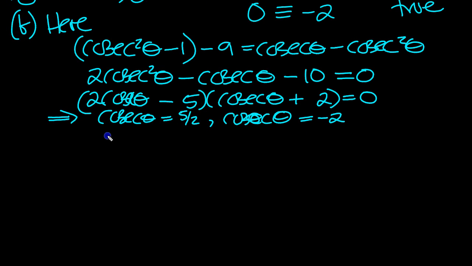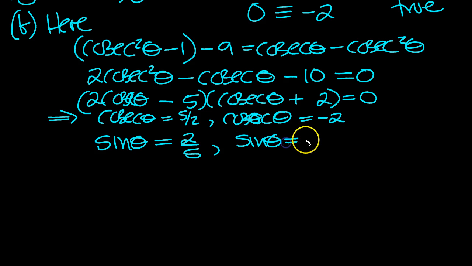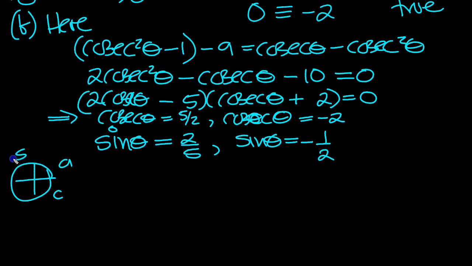So cosec is 1 over sine, so let's invert the fraction: sine theta is equal to 2/5. And this one is sine theta is equal to minus a half, isn't it? So solve this one. Draw a circle, right, CAST. Sine is positive here and here. Draw 2 lines.